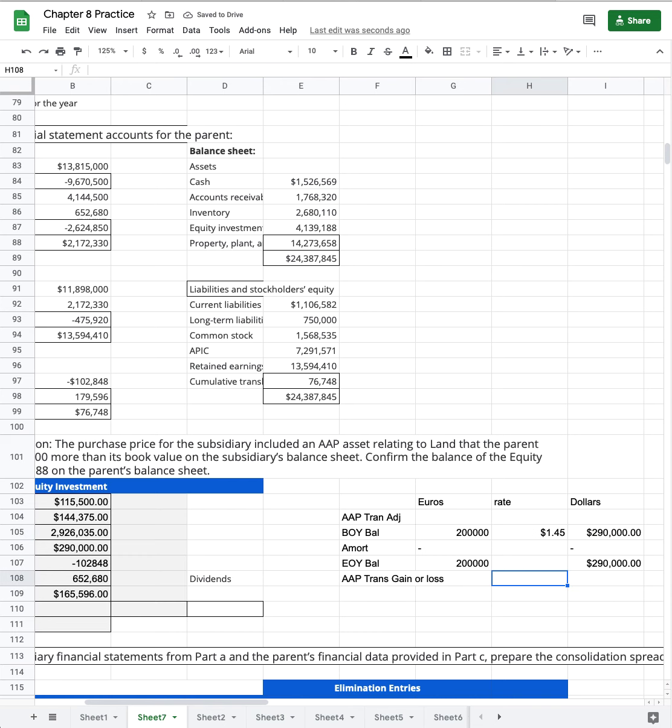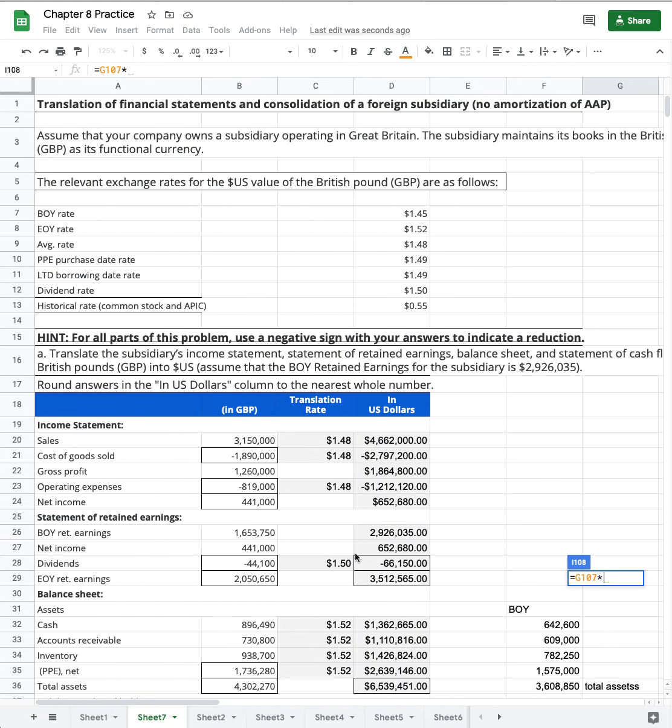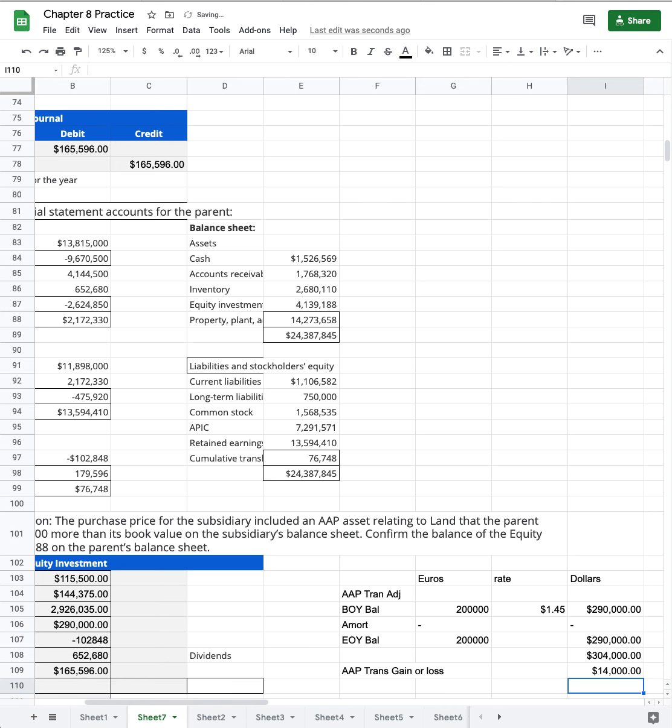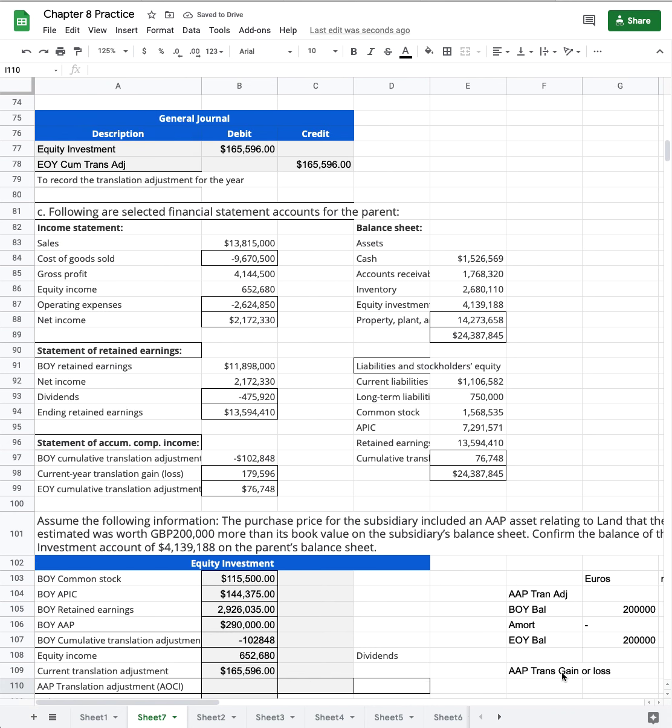However, the end of year rate is $1.52. So if we multiply this 200,000 times our end of year $1.52, we can then see that the 304 minus the 290 gives us the AAP of 14,000.